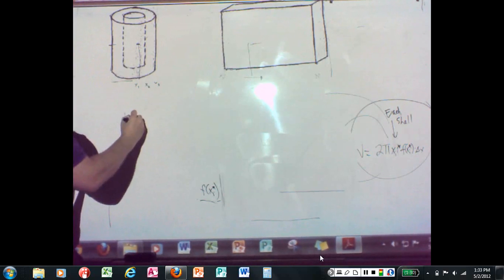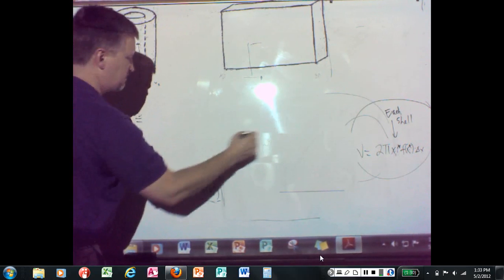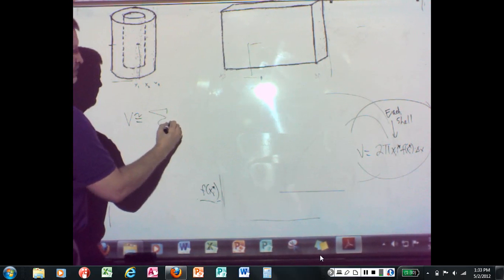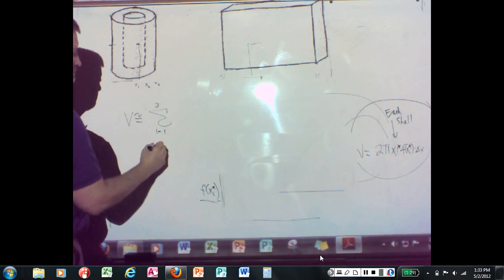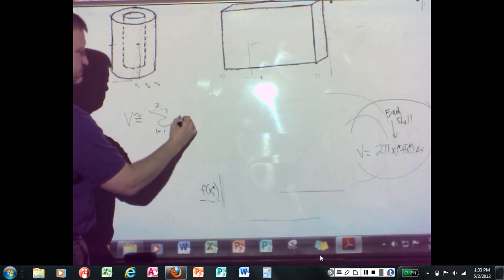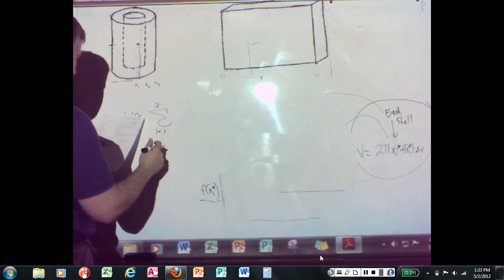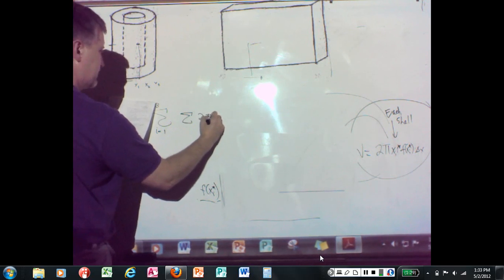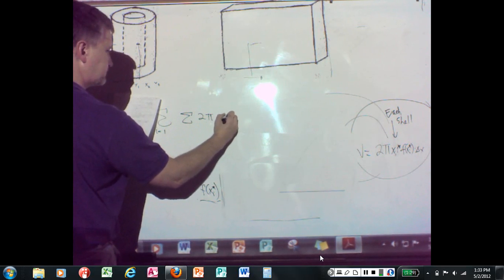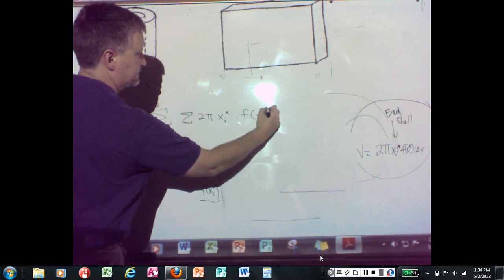So the volume of that bell shape is approximately the sum of three of those, i equals 1 to 3, 2 pi x sub i star times f of x sub i star delta x.